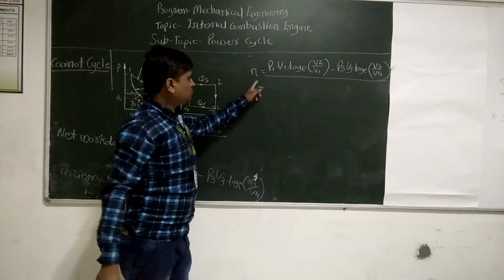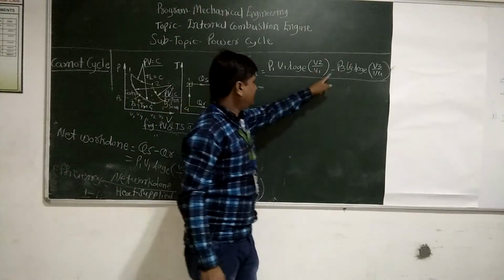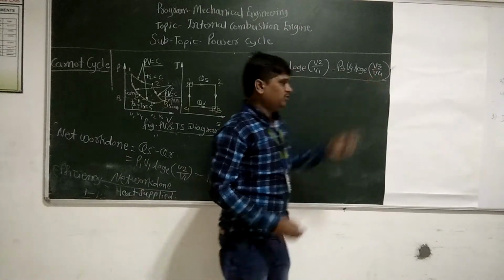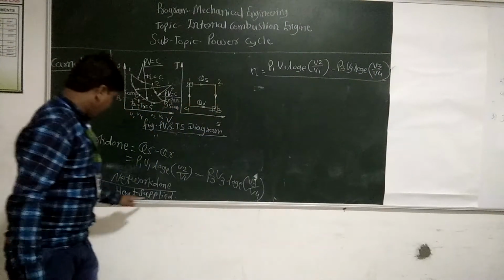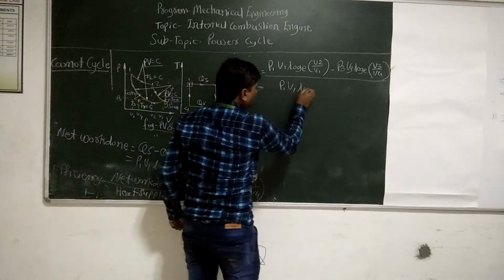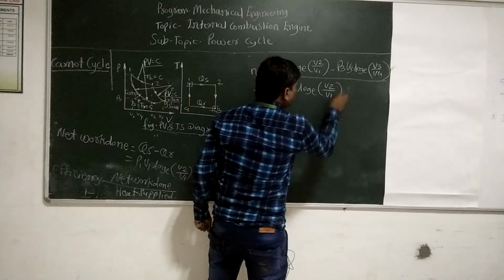So efficiency is equal to net work done, P1 V1 log of e V2 upon V1 minus P3 V3 log of e V3 upon V4, upon heat supplied, P1 V1 log of e V2 upon V1.